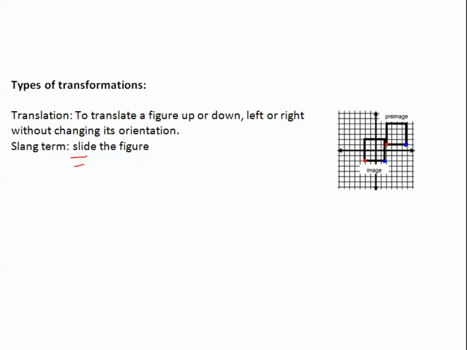And the way you can find your map, how it is moved, is just follow one point and see where it goes. This red point, this bottom left corner, goes down 1, 2, 3, and to the left 1, 2, 3, 4. Down 3, left 4.